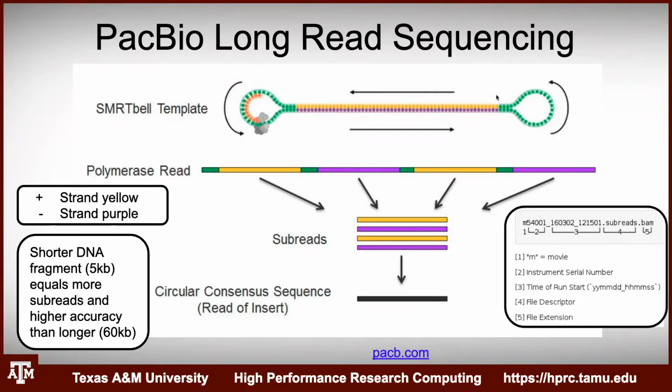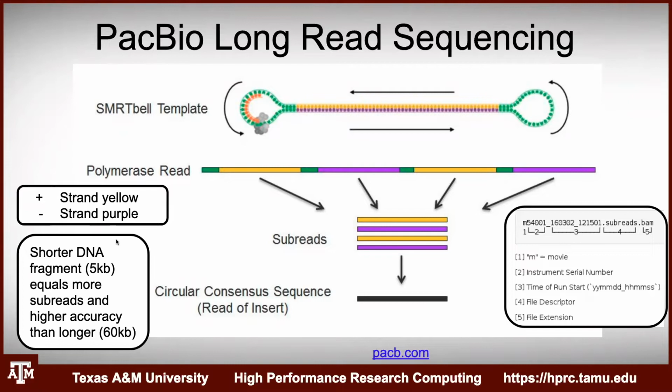So you're producing this polymerase read that's got these positive strand sequences, and then the purple is the negative strand. And these are what are called subreads, right? Even though your accuracy within individual subreads may be lower, once you combine all those subreads, you can call a consensus sequence and get these highly accurate circular consensus sequence reads.